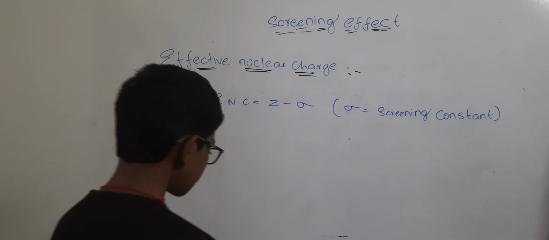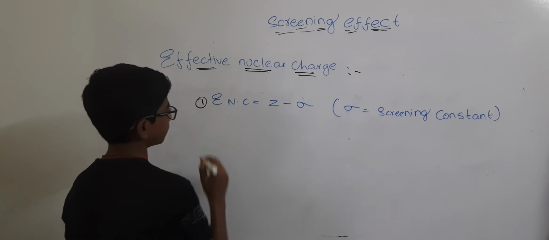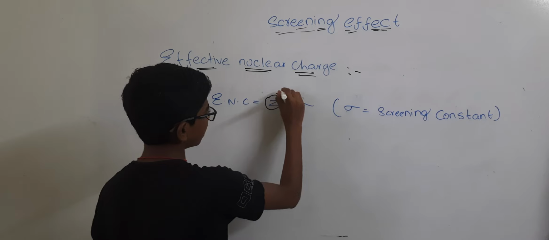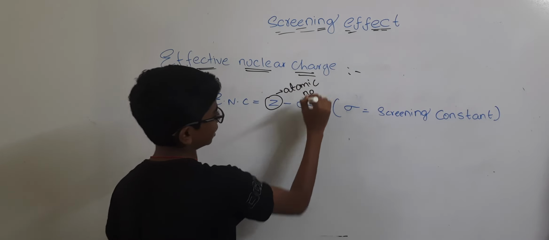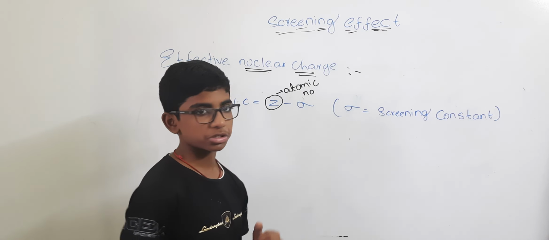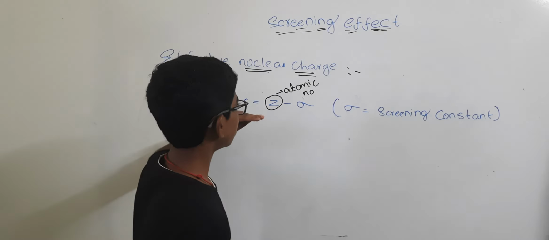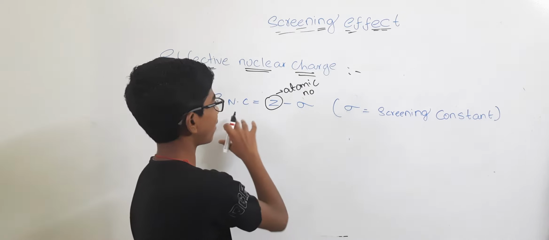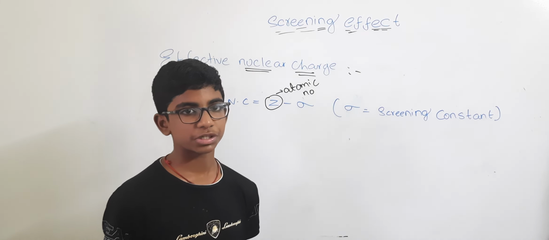Okay, the general formula for finding the effective nuclear charge is: effective nuclear charge is equal to Z, meaning the atomic number of that element, minus the screening constant. Okay, what is the formula for effective nuclear charge? It is known as atomic number minus screening constant, which gives rise to the effective nuclear charge. Then how to find the screening constant?